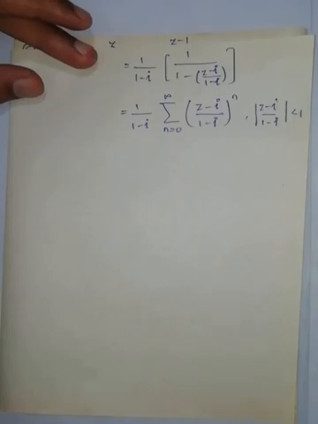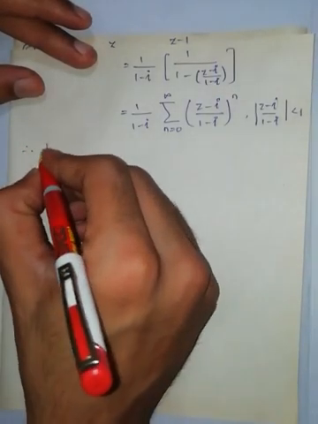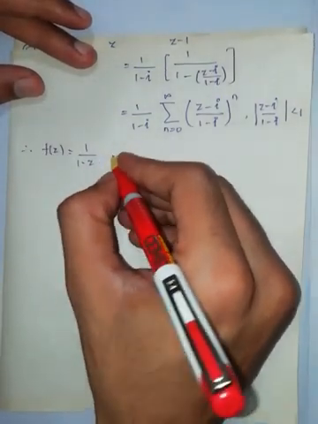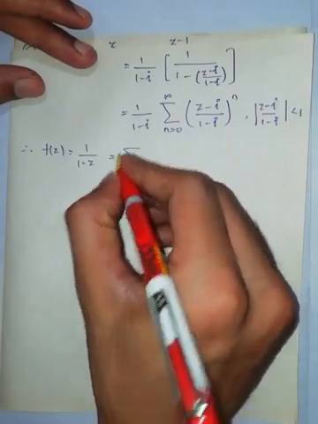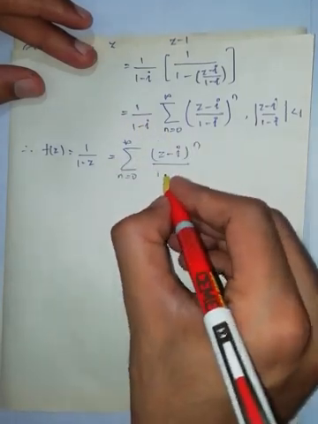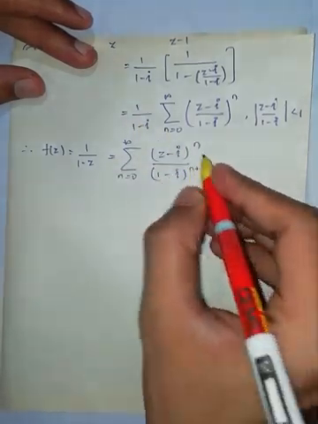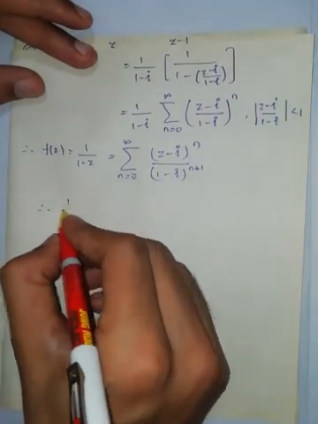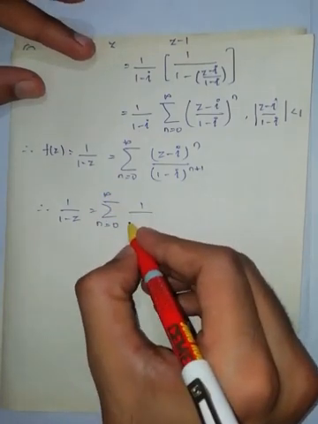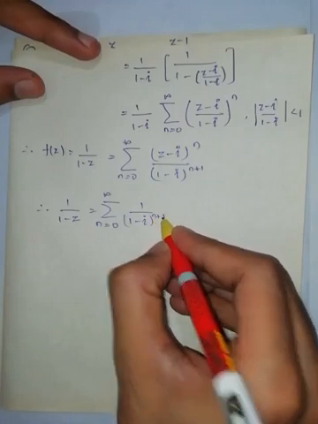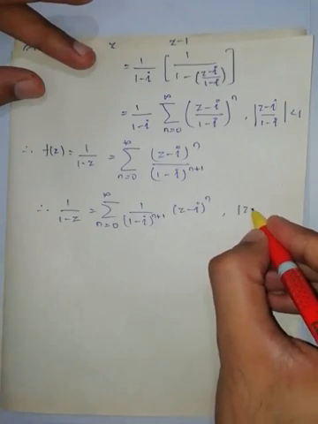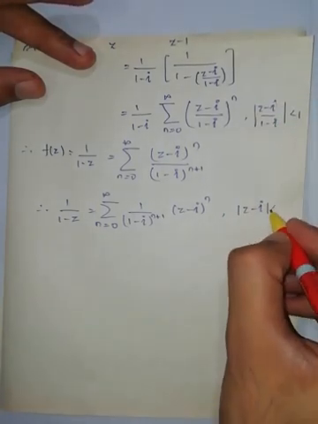Therefore f of z is equal to 1 by 1 minus z is equal to summation n is equal to 0 to infinity z minus iota to the power of n by 1 minus iota to the power of n plus 1. Therefore 1 by 1 minus z is equal to summation n is equal to 0 to infinity 1 by 1 minus iota to the power of n plus 1 into z minus iota to the power of n, provided modulus of z minus iota is less than root 2.